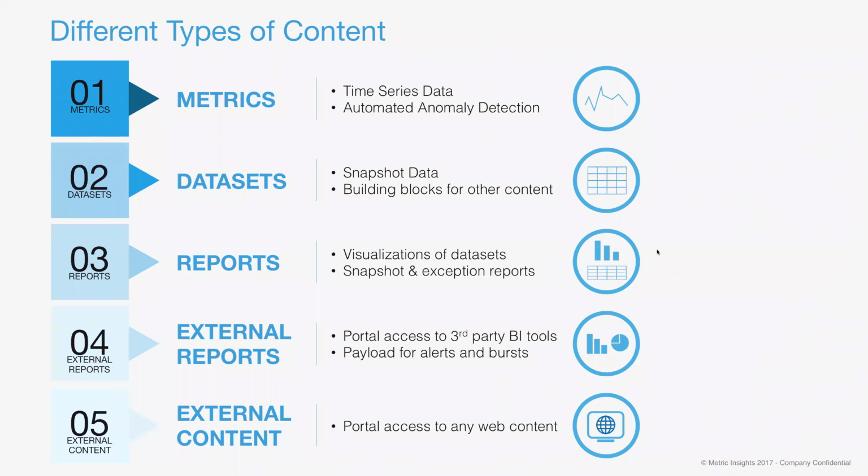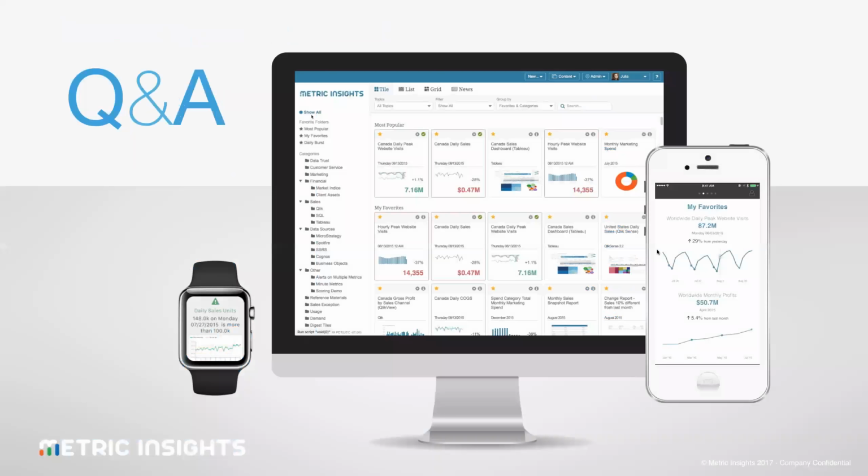And so the intent of today was to give you a grounding in what those different types of content are. And in the next few webinars, we're going to drill into how they're used. This is hopefully going to make that much more seamless in terms of understanding how these different elements are used. So with that, I'm going to look and see if we've got any questions coming in.